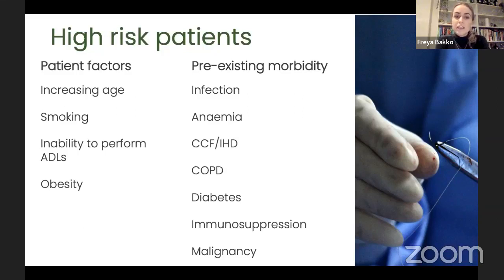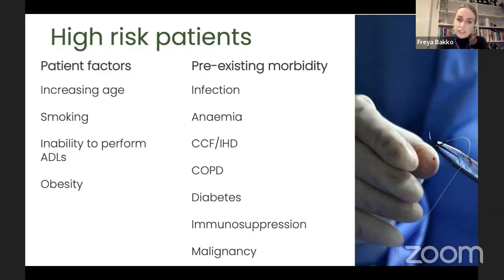Pre-existing morbidity includes any pre-existing infections. So a lot of patients who are requiring surgery already have an ongoing infection. They're requiring emergency surgery. Any pre-existing anemia, so to try and optimize a patient's hemoglobin before going to surgery. Pre-existing heart disease, and ischemic heart disease is quite a strong risk factor for post-operative morbidity.